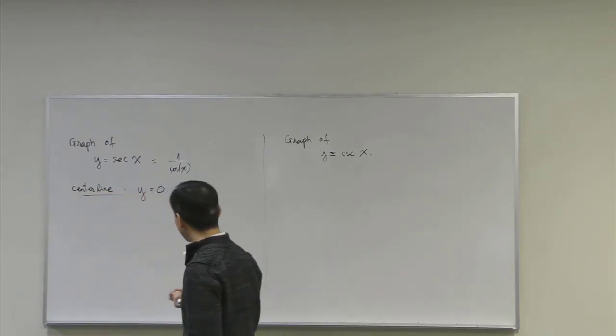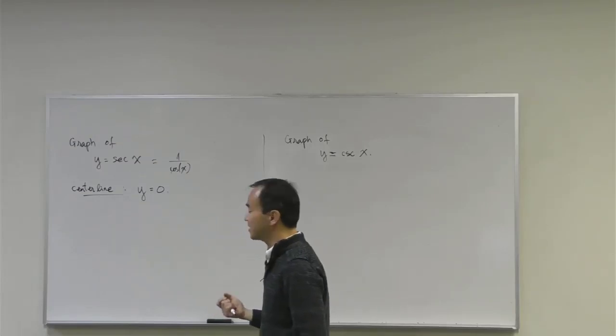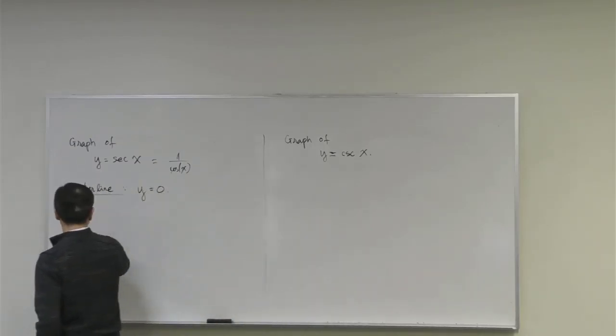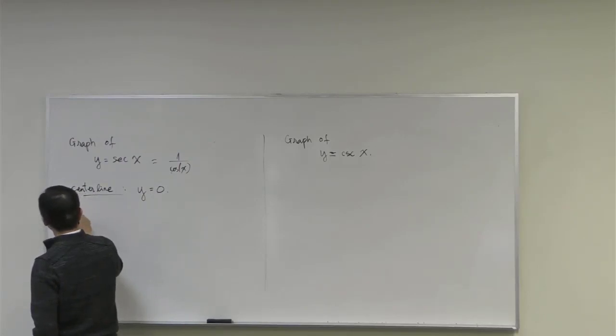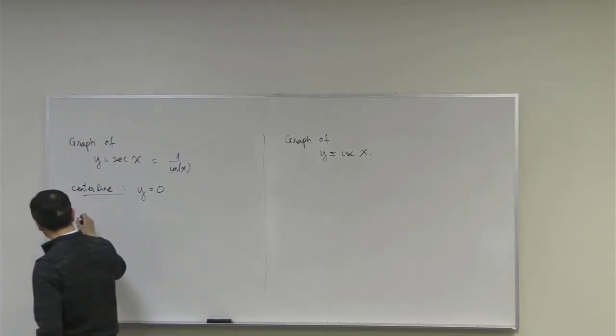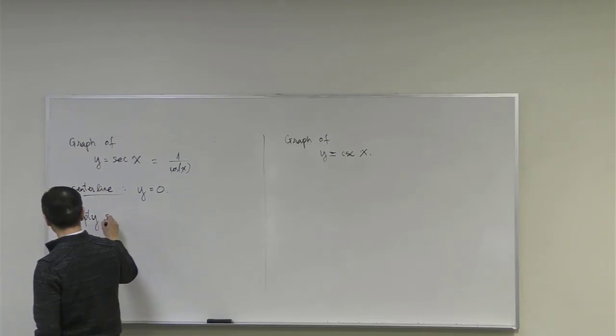With any secant graph, we will have a center line. The amplitude here is actually replaced. I wouldn't say amplitude is a non-applicable concept, but I would say it is replaced by, allow me to introduce my own term here, the empty space.